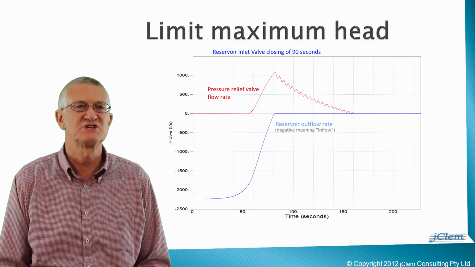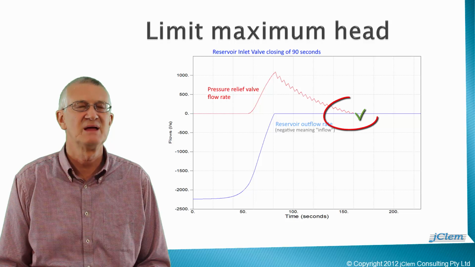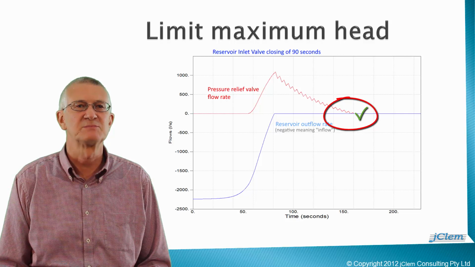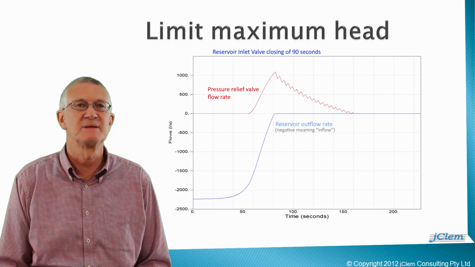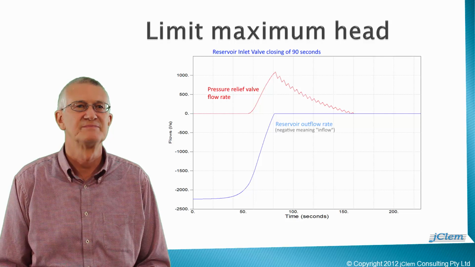You should always check to make sure that the pressure relief valve is closing at a time when the underlying flows, their velocities in the system, have dropped to an acceptable level. If not, closure of the relief valve is likely to add to the amplitude seen in the system. The message is the same when using anti-vacuum valves to limit the minimum head in a system.